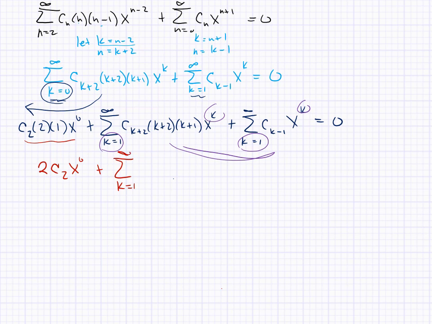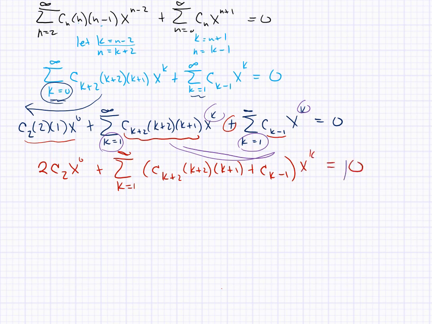Then I'll have this coefficient plus this coefficient. So it'll be c sub k plus 2 times k plus 2 times k plus 1 plus c sub k minus 1, x to the k, equals 0.